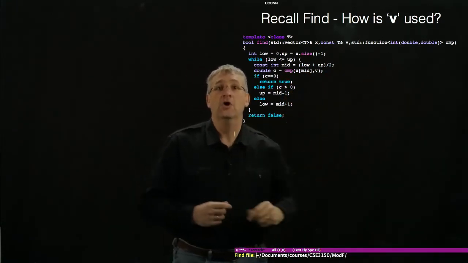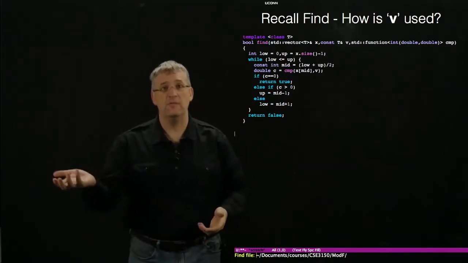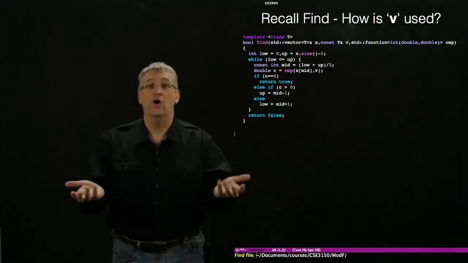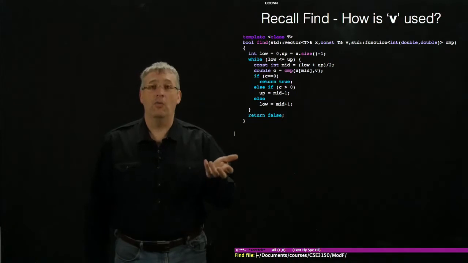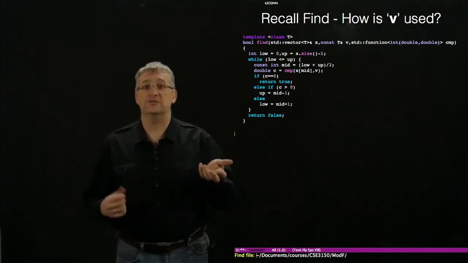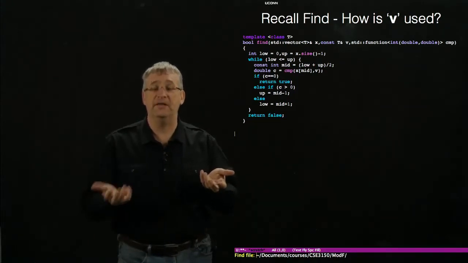So why on earth do I need to separately pass the value I'm looking for and the comparator? Couldn't the comparator simply return a value on whether what we're looking for is smaller than, greater than, or equal to the value we're looking up in the middle of the array?